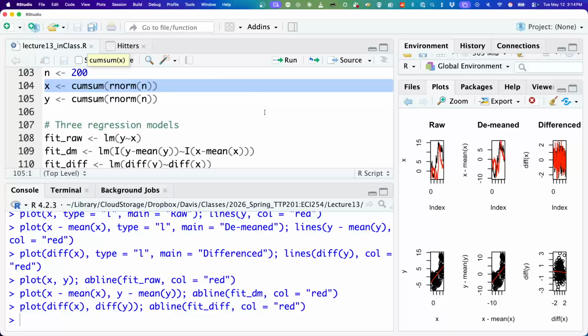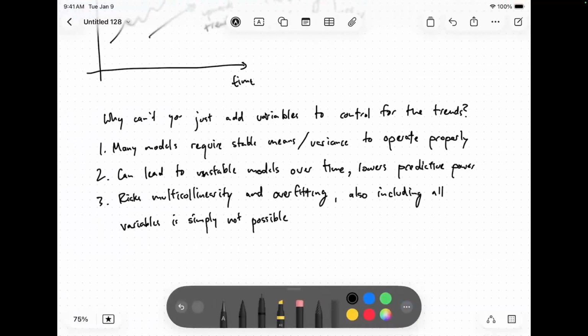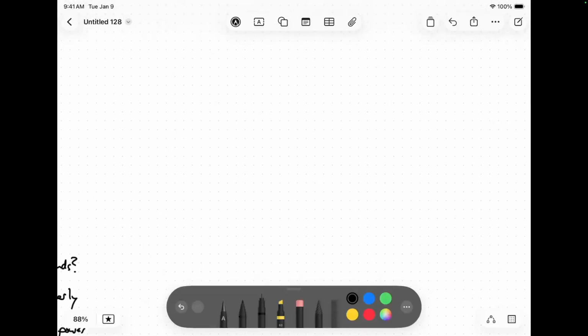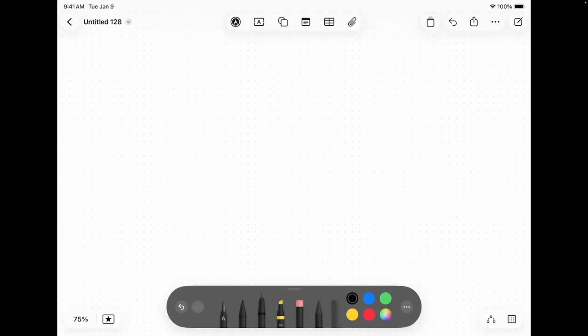All right, so let's talk in just a little bit more detail about differencing. What we just did is known as differencing in time series.